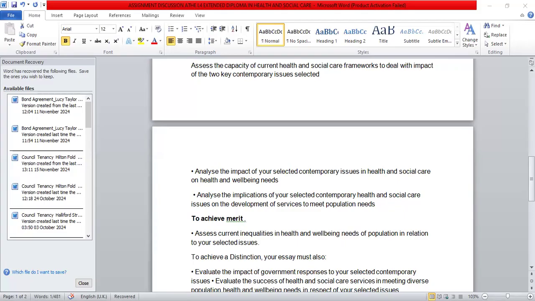Okay, let me try. You have to put measures in place that will meet the people's needs. Maybe good measures that will meet the people's needs.